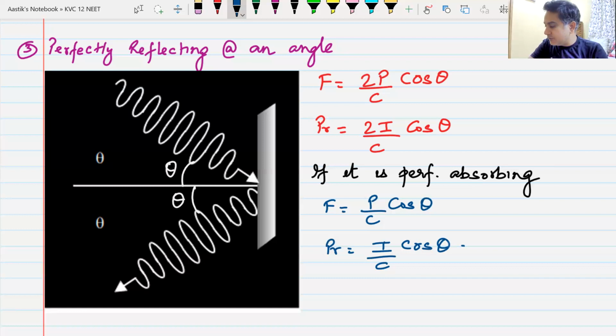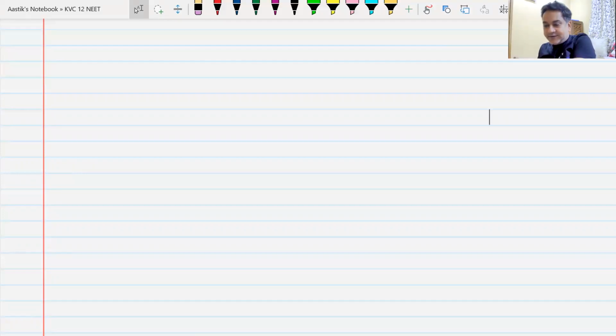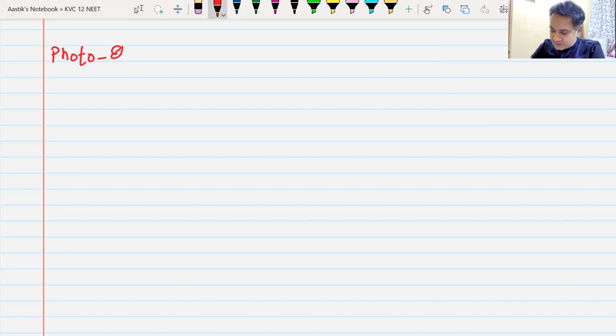I think we are good with this, and let us move ahead into the main concept of this chapter. The heading of this chapter was photoelectric effect, and we still have not started it. So welcome to the heading of this chapter, and we now officially start. Now we have all the tools to start the photoelectric effect.